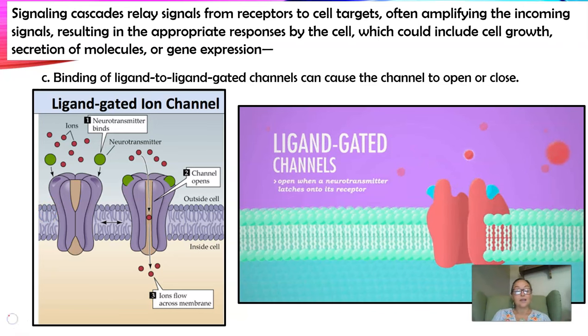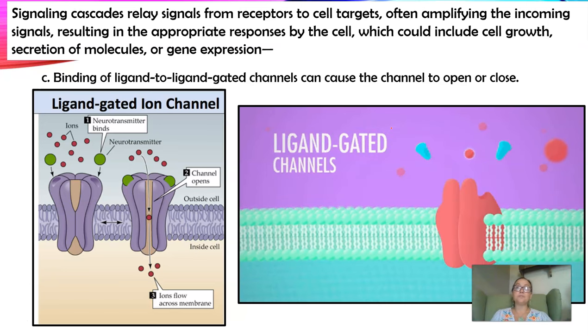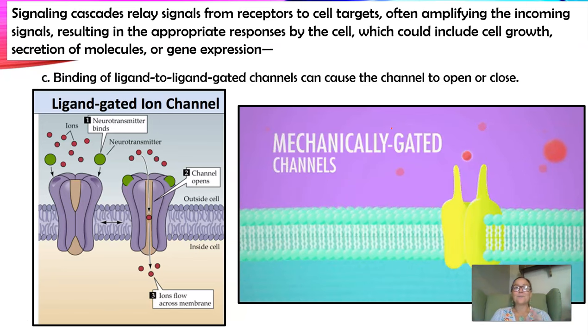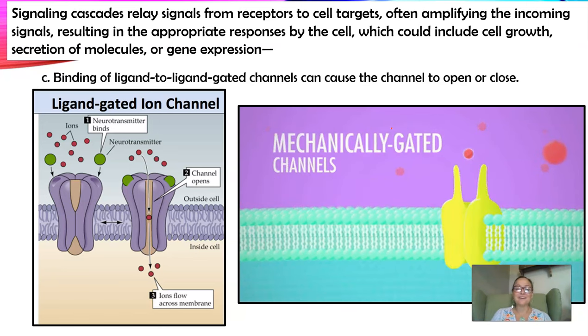In our nervous system, the neurotransmitter that's released from one neuron will act as the ligand on the next neuron, the postsynaptic neuron, that will then attach to the ligand-gated ion channel, which will then cause the ion channel to open and ions can flow in, which will possibly lead to the postsynaptic neuron meeting its threshold and leading to depolarization and the action potential, unless, of course, it's an inhibitory neurotransmitter.